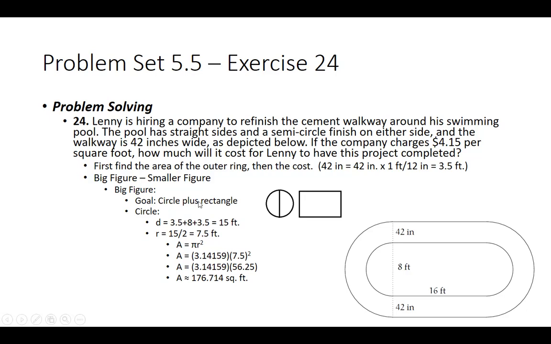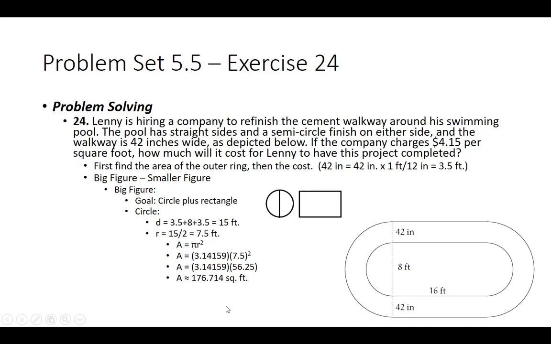So for the big figure, our goal is the area of the circle plus the area of the rectangle. For the circle, we can find that the diameter is 3.5 feet plus 8 plus 3.5 feet. That's a diameter all the way across of 15 feet.